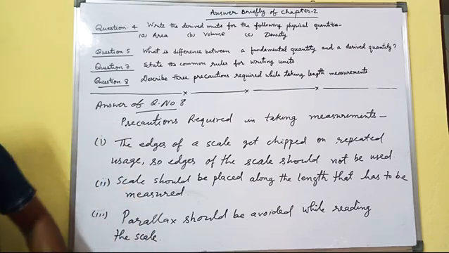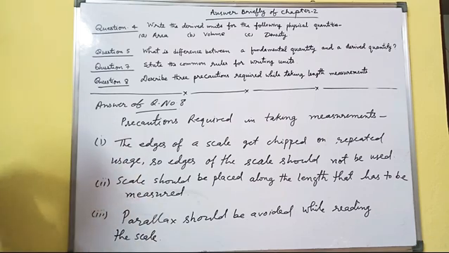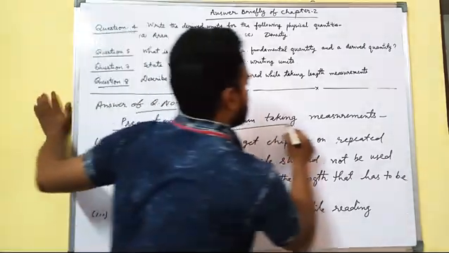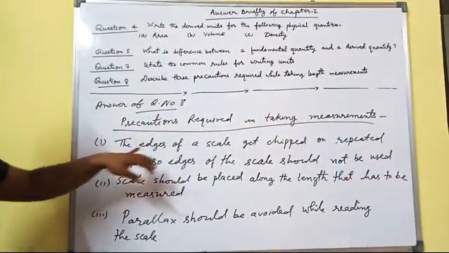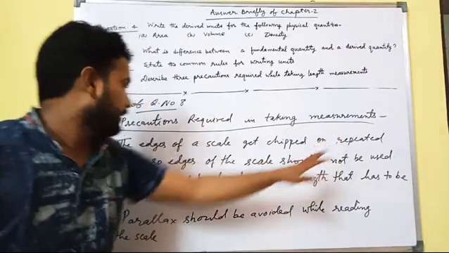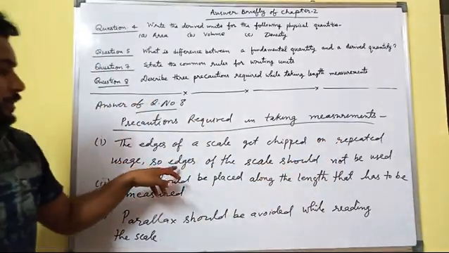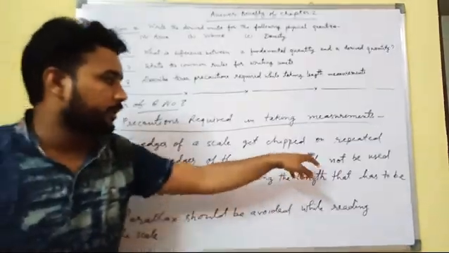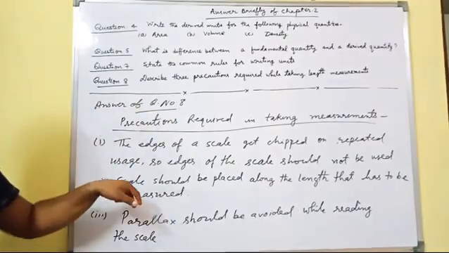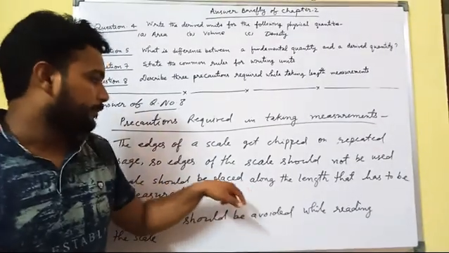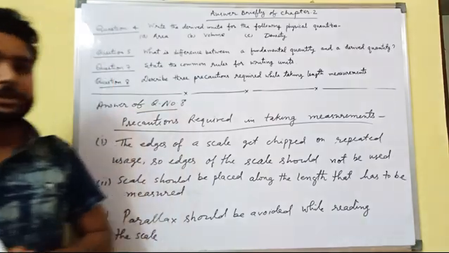So in precautions required in taking measurements, the first point is that the edges of a scale get chipped on repeated usage, so the edges of the scale should not be used. In the second point, the scale should be placed along the length that has to be measured.